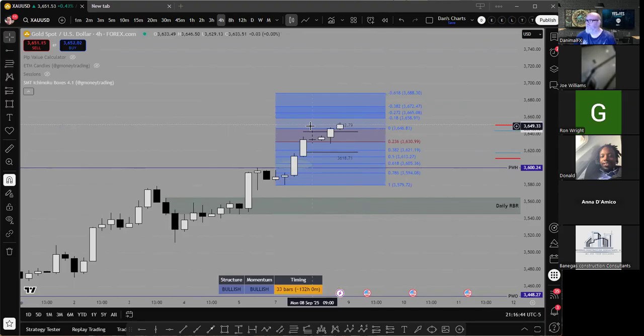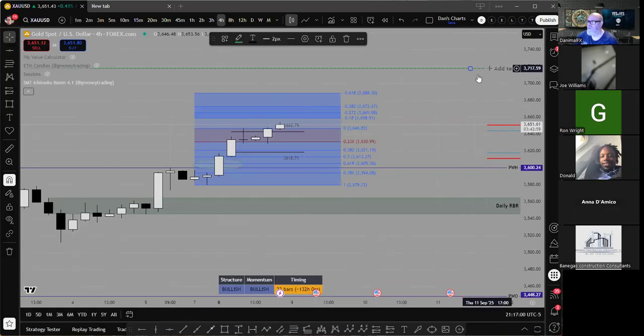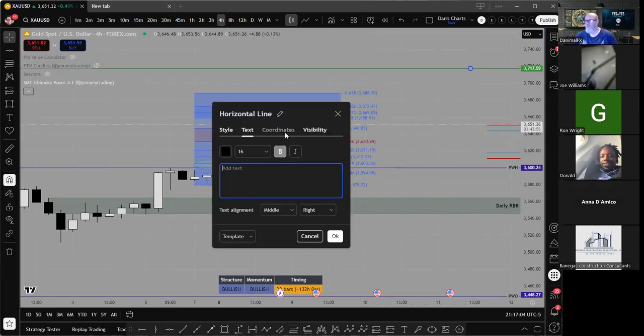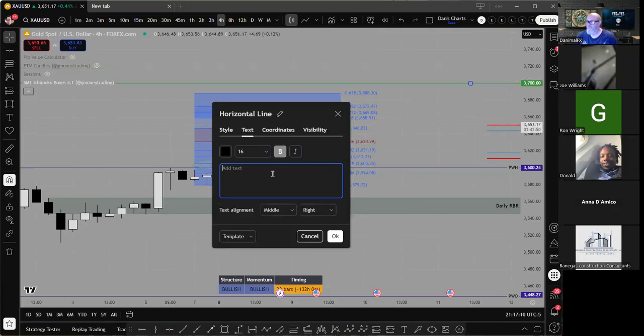So you can fib any area you want because, as I said, we are in so much uncharted territory. I'm looking for 3,700 as one of my take profit goals because, like I said, I've heard in the news that 4,000 is the price they want to go to. But right now I'm looking for 3,700 as my first target.